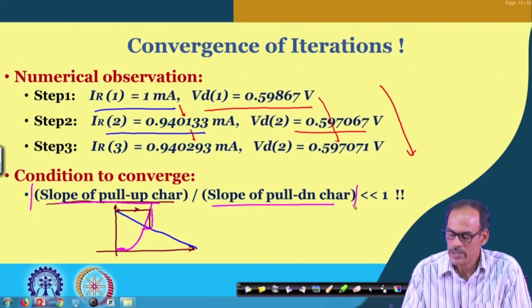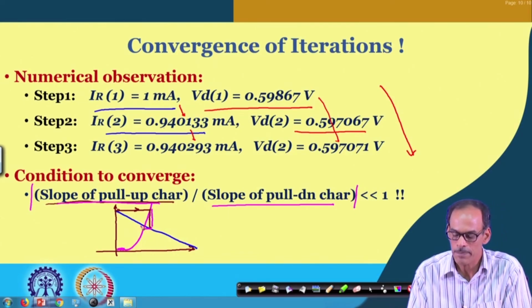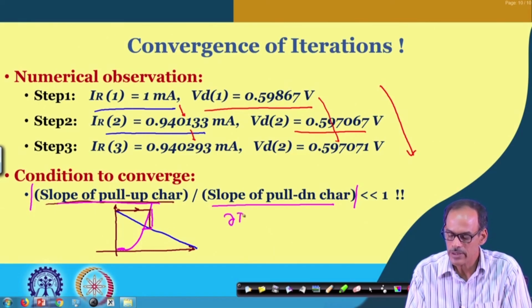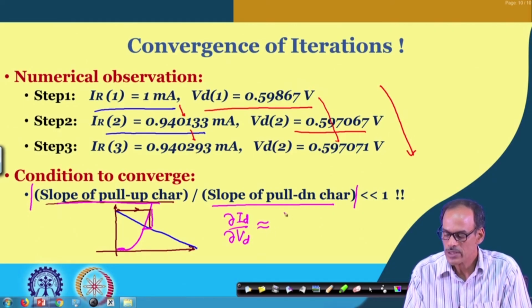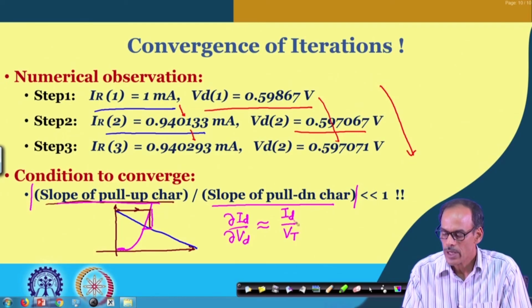On the other hand, what may be the slope of this line? It is the change in I_d divided by the change in V_d. And if you see the diode characteristic curve, it is well approximated by I_d divided by V_t, and this current is in the order of milliampere.